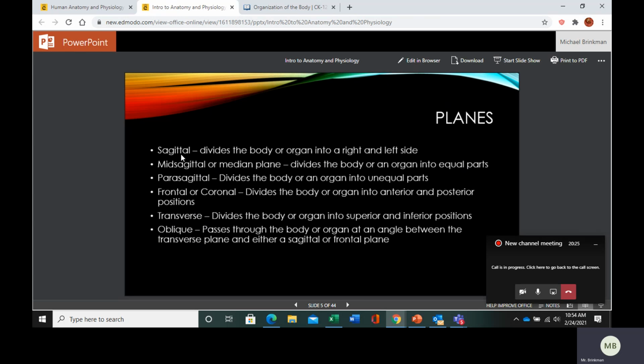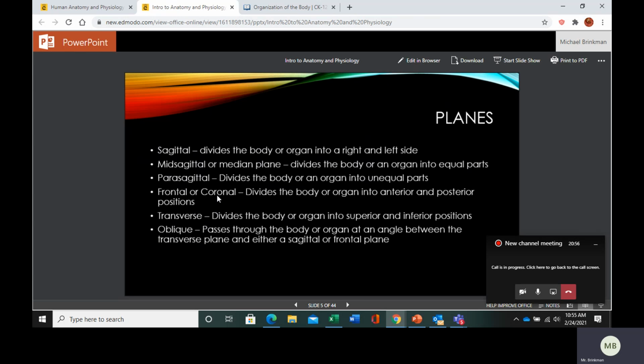So how these are different is the sagittal plane can be drawn anywhere on the body or anywhere on an organ as long as it's dividing it into a right and left side. The mid-sagittal divides it into equal parts. So parasagittal, similar to the sagittal, divides the body or an organ into unequal parts.